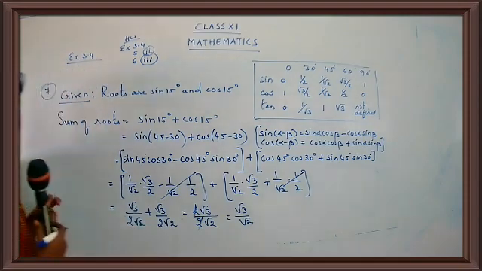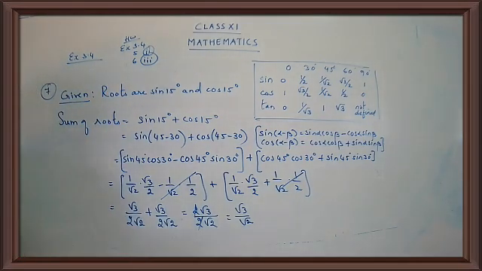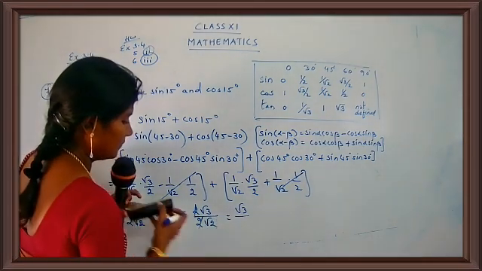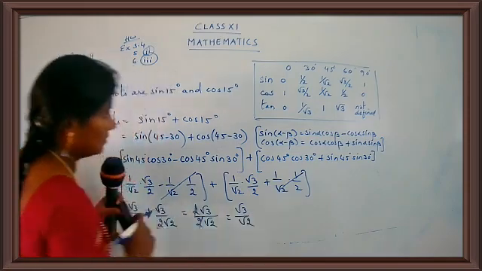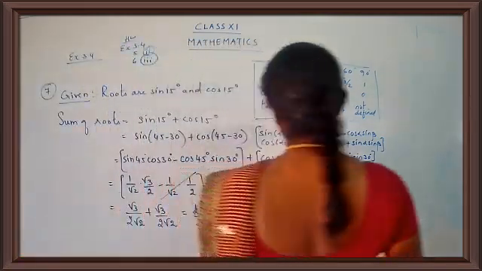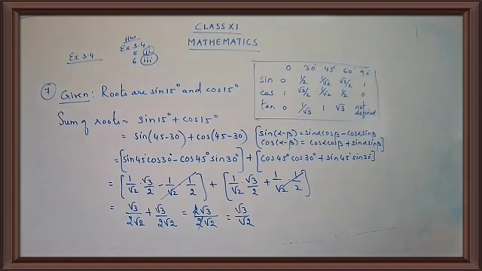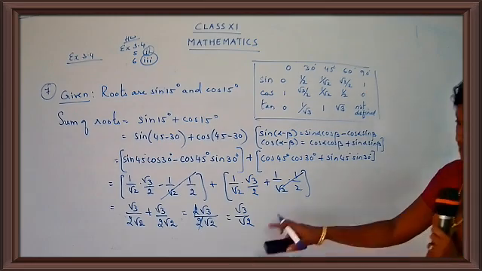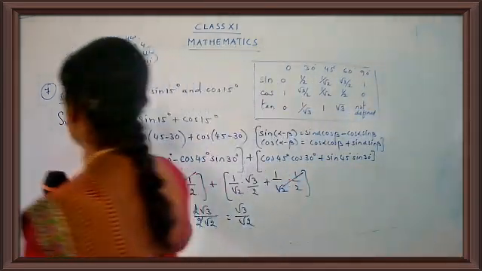And I have told you that we never keep the root in the denominator. So you have to rationalize this part. Just write down the steps. So I get root 3 by root 2. I'm going to rationalize it.